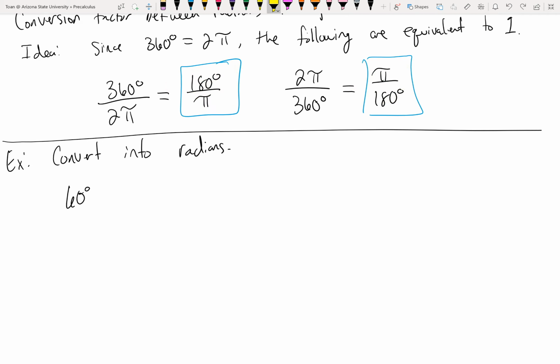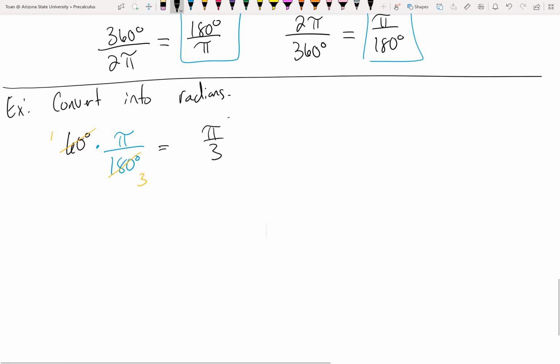The one that has the thing I'm trying to get rid of in the denominator, degrees on the bottom. So you multiply by pi over 180, and then you reduce. I can divide out a 60, so that's a 1 and a 3, and you multiply straight across. So pi thirds radians is the same thing as 60 degrees.